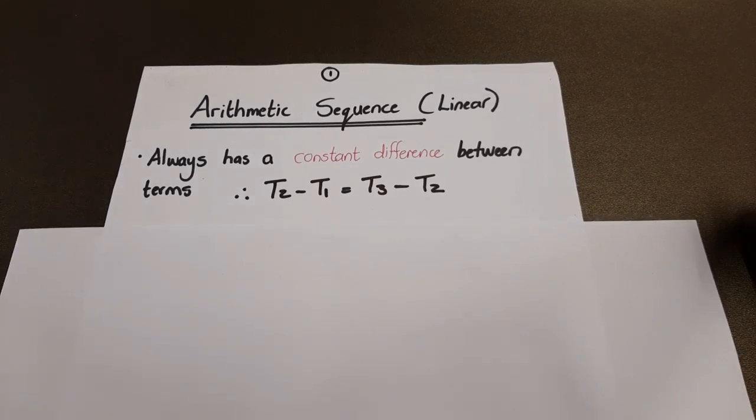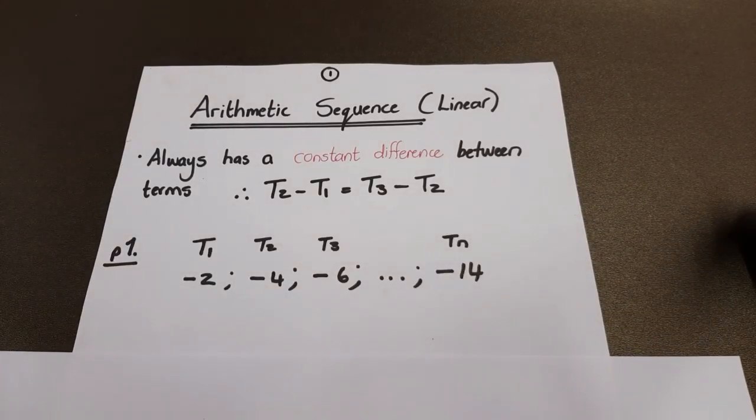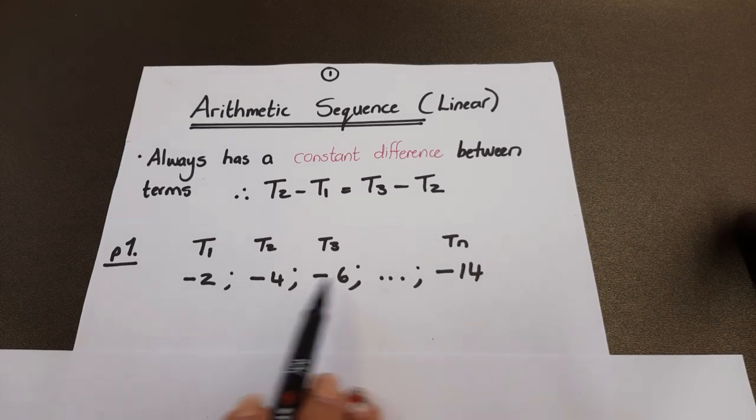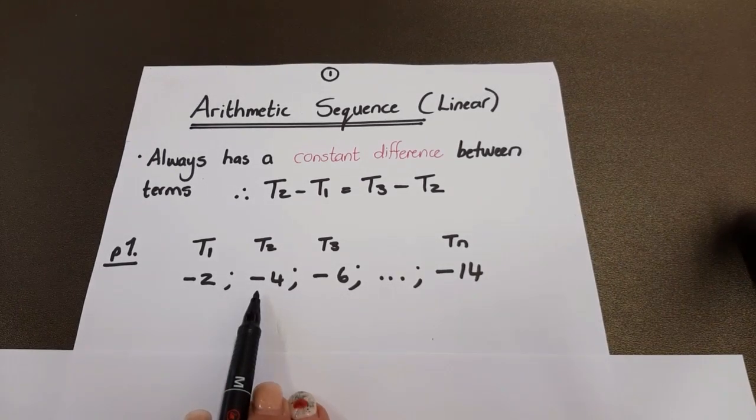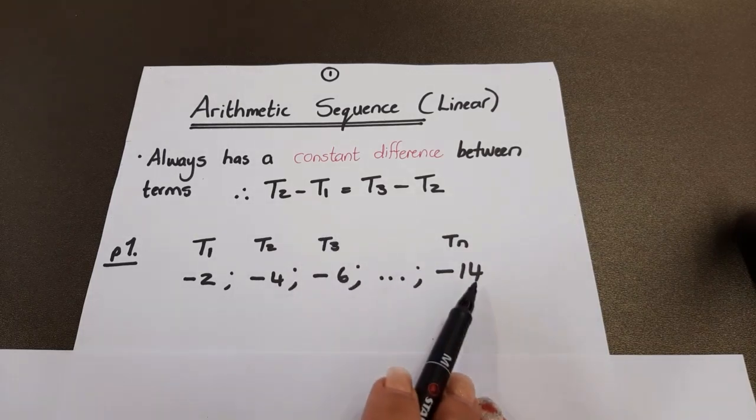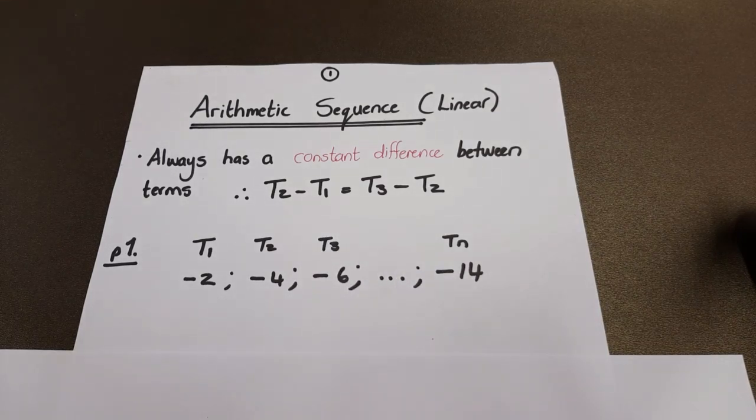Now, in the packet that we gave you on the day that you came to get your textbook, on page 1, there is an example of a sequence: -2, -4, -6, and the last term is -14.